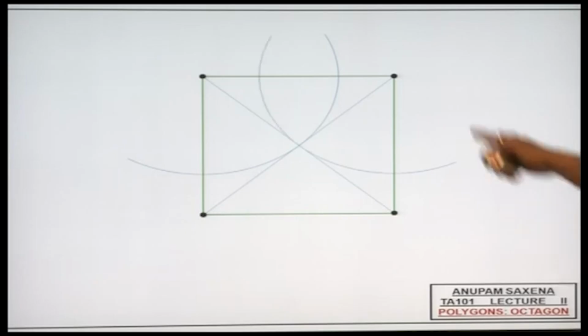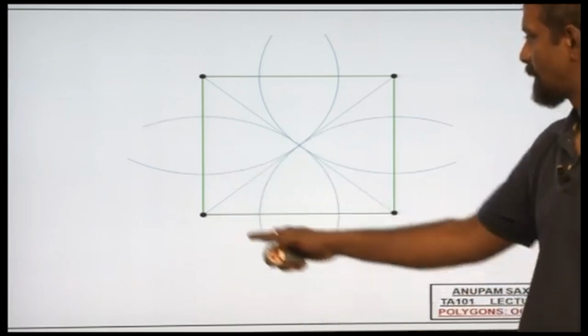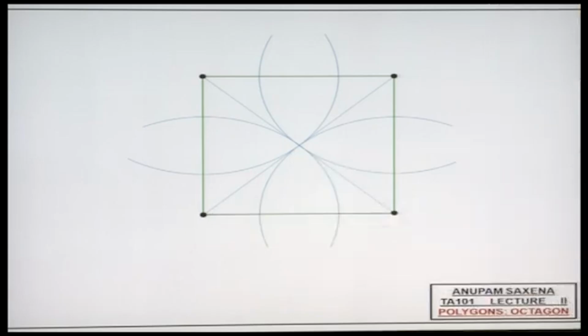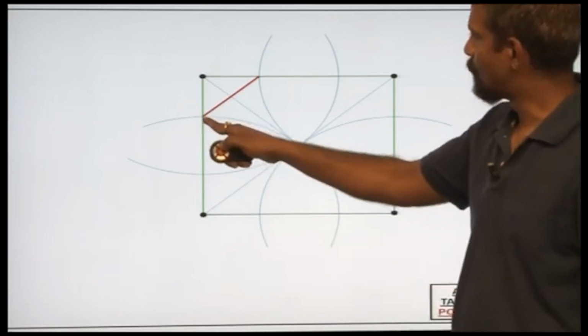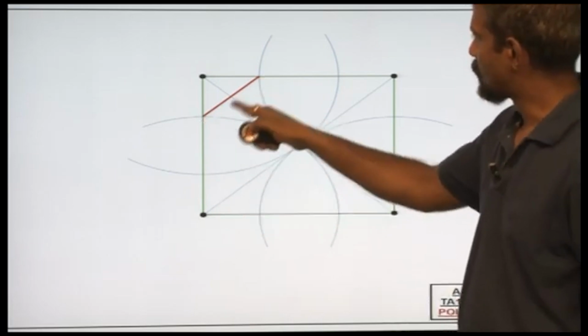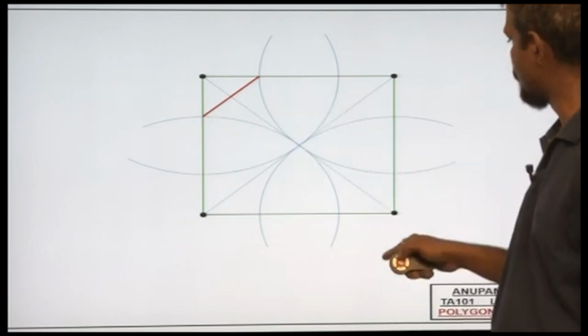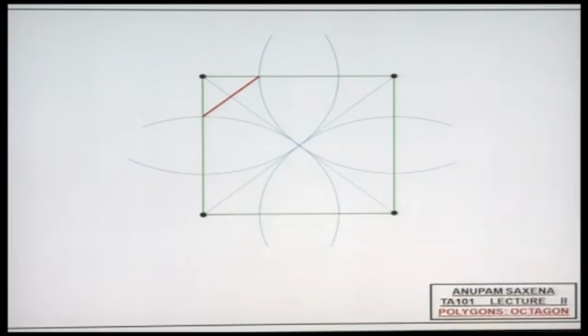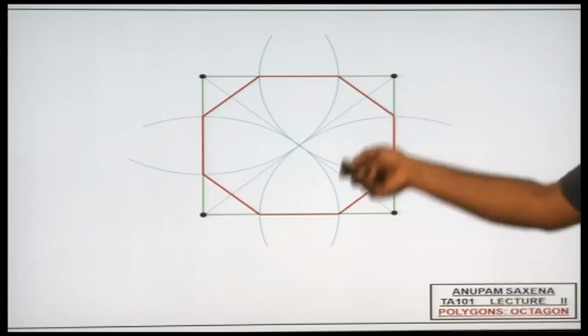Do the same with this as center and the same radius, again the same radius with this as center, and finally with this as center and the same radius. So draw these bunch of arcs, and wherever these arcs intersect the edges, so here, here, here, here, here, here, here, and here, you'll essentially have 8 vertices. Join them, and you will be getting an octagon. It's a pretty simple construction. I think you can analyze, through algebra or otherwise, if this is really an octagon or not.